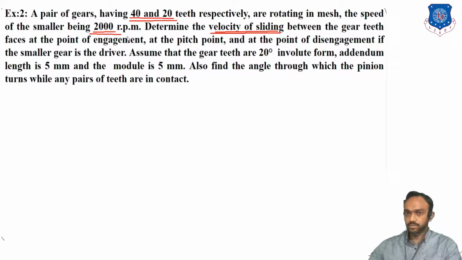The sliding velocity of gear teeth at the point of engagement, at the pitch point, and at the point of disengagement. We have to find three speeds, if the smaller gear is the driver. Assume that phi is equal to 20 degrees for involute profile. Addendum is given as 5 mm and module is given as 5 mm. Okay, so write all this data here.